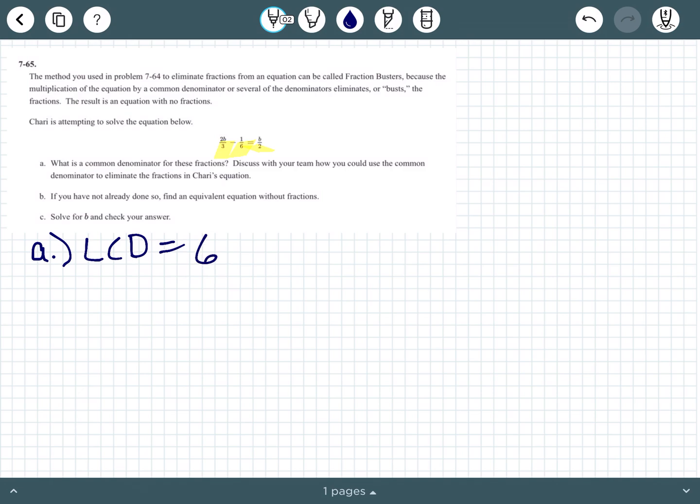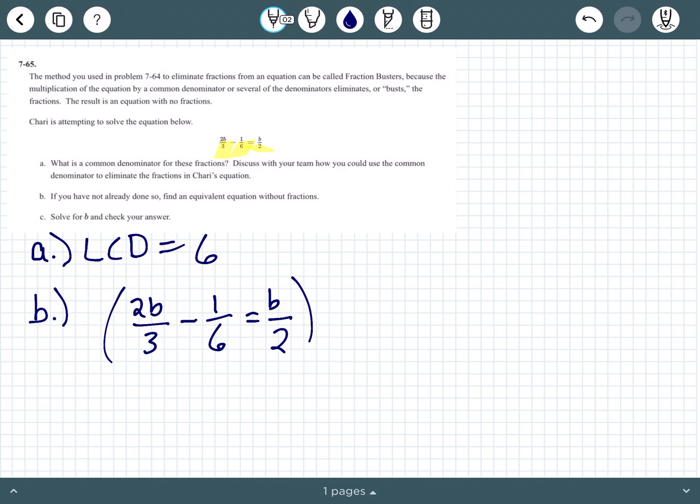Now part B says if you have not already done so, find an equivalent equation without fractions. So I am going to go ahead and write my original equation, which is 2b over 3 minus 1/6 equals b over 2.